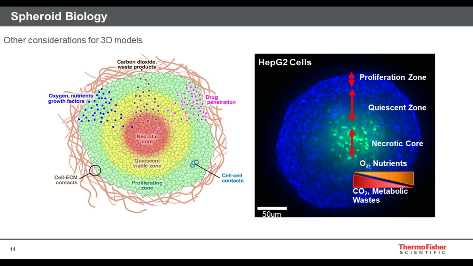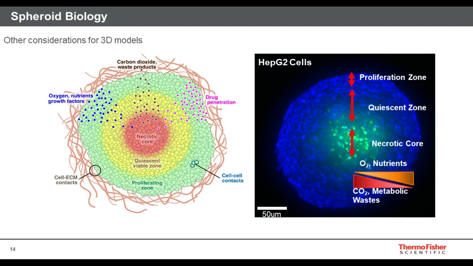For people studying toxicology, this can result in differences in the IC50s or EC50s that you may be looking to characterize for a given compound. In some reports, this is thought to be somewhat of a good thing, because in vivo, all cells are not uniformly exposed to compounds in the same way and at the same concentration. So in some ways, this gradient is meant to mimic in vivo a little better as well.